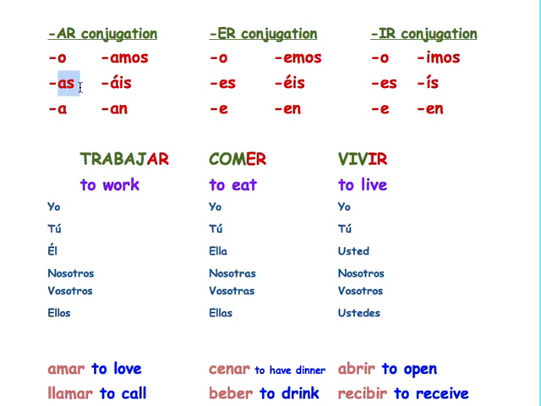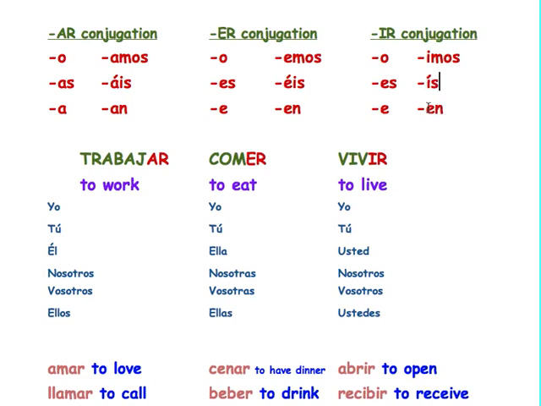So o, as, a, amos, áis, an. Er conjugation: o, es, e, emos, éis, en. Ir conjugation: o, es, e, imos, ís, en.